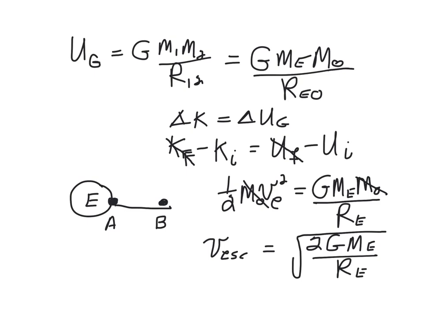And in fact, what makes a black hole black is that the escape velocity is the speed of light.